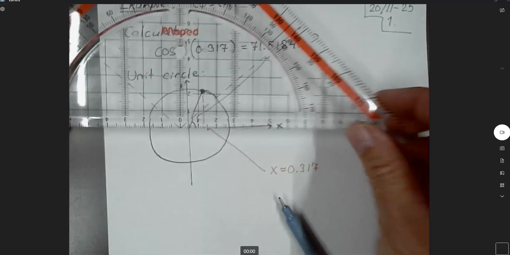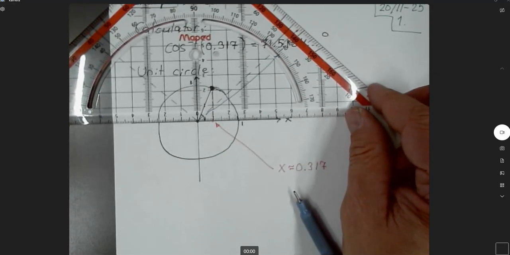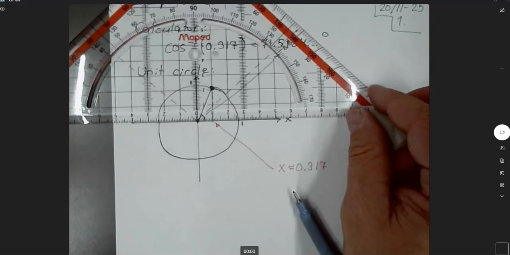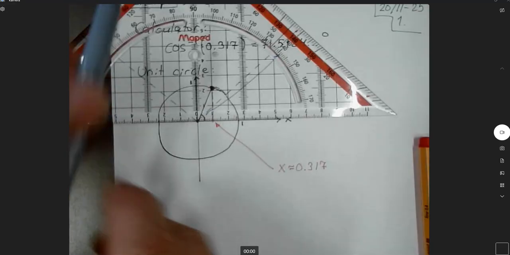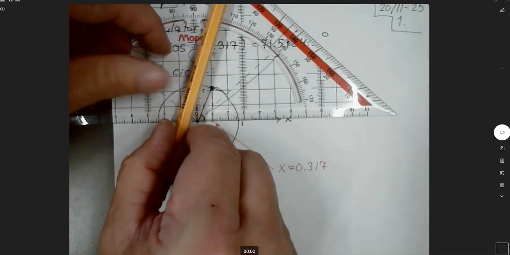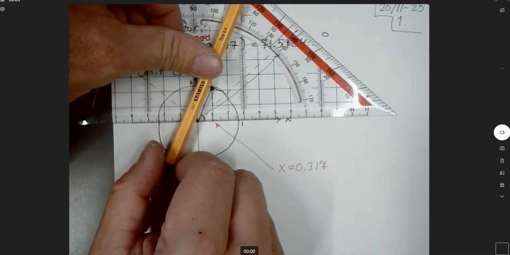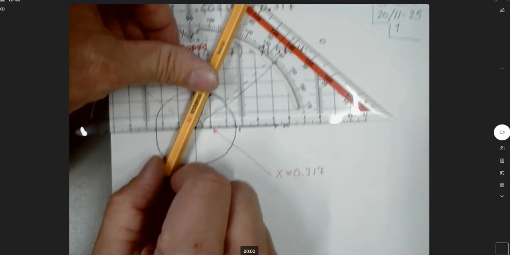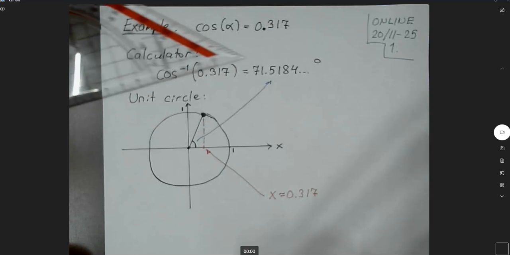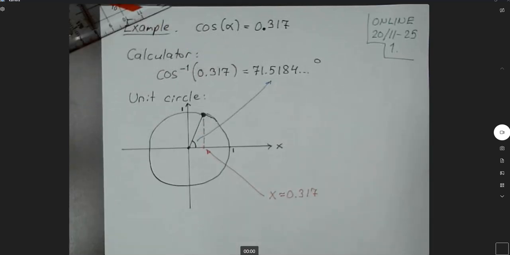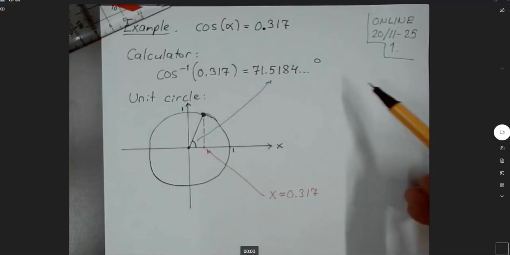I have a very bad drawing, but if I use my angle measuring tool, well, not bad. My picture shows that this might be about 68 degrees. If I drew a better circle, I would get a more exact value there.